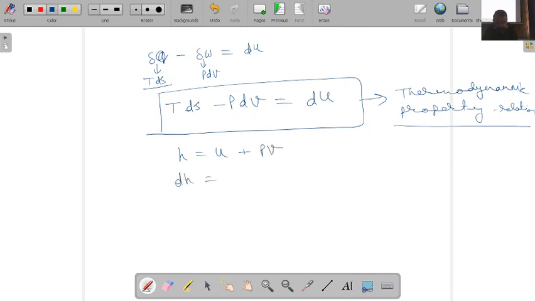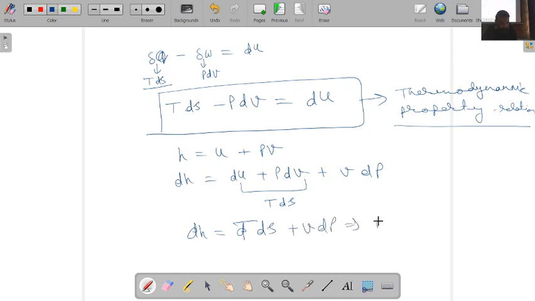So dH will be equal to dU plus P dV plus V dP, and from here dU plus P dV I can write as T dS. So I can write that T dS is equal to dH minus V dP.